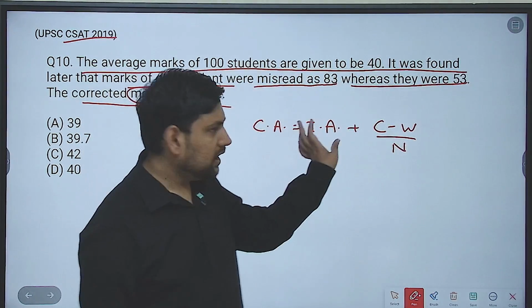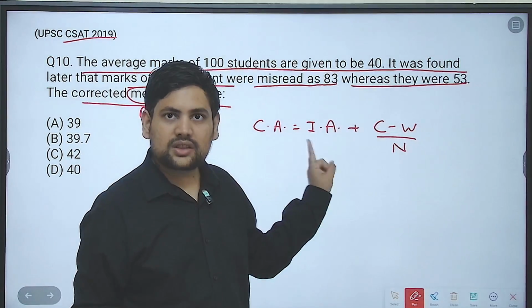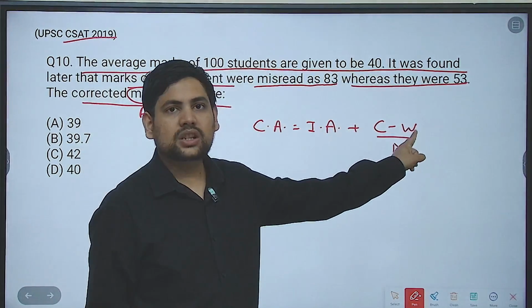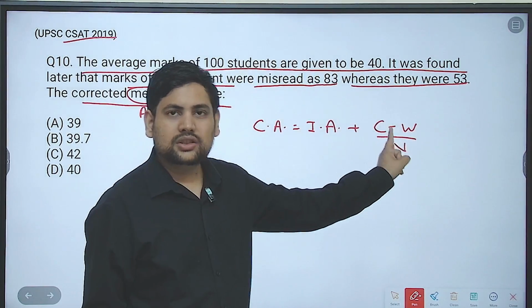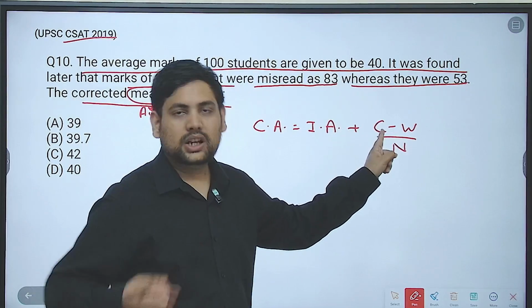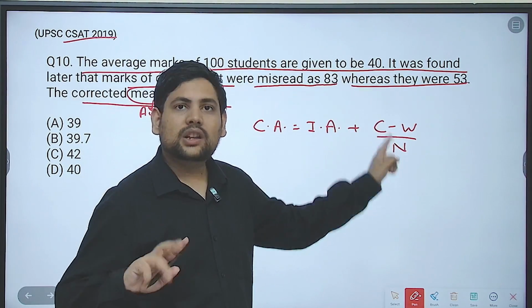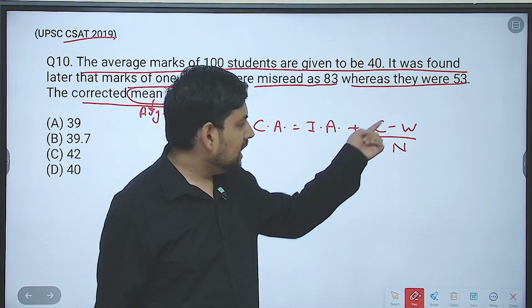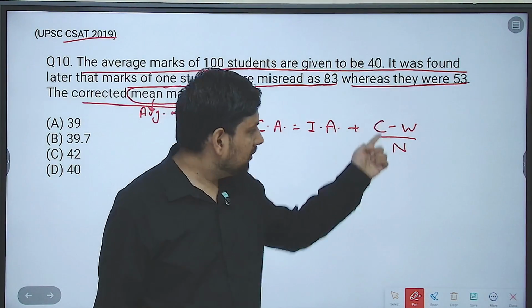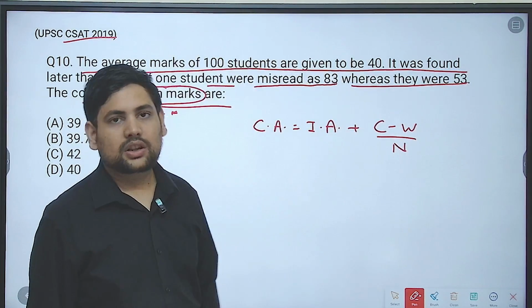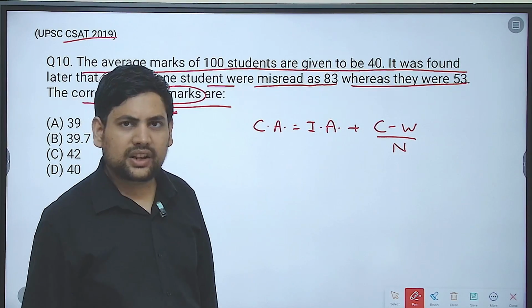Basically, in the incorrect average, whatever change will be brought will be because of something that was done incorrectly. So that we must subtract, and what we must add is whatever is the correct number. And if you remember, everything in average after summing all of it gets divided by the number of observations. So we are dividing it by n. Very intuitive. Now this we can use directly to find any corrected average questions.